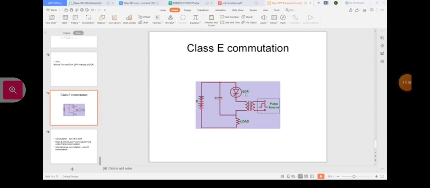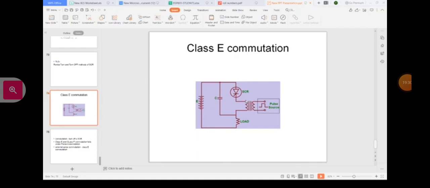As you can see, this transformer is connected to the cathode terminal of an SCR. So when we make use of this transformer, what will happen?